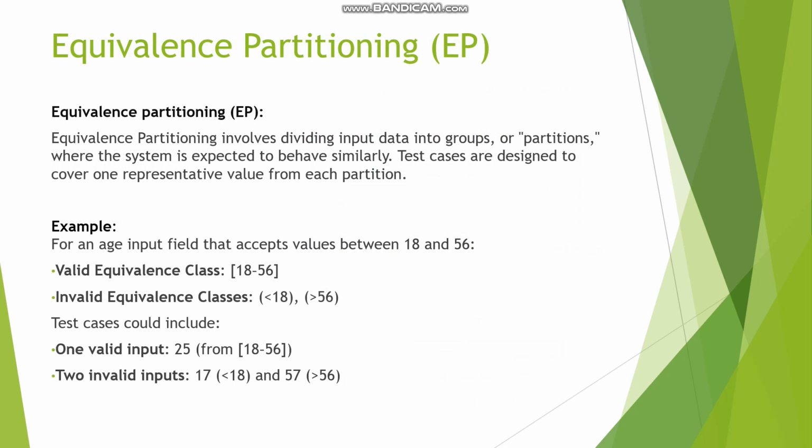For example, for an age input field that accepts value between 18 and 56, valid equivalence class is 18 to 56, invalid equivalence class is less than 18 and greater than 56. Test cases could include one valid input, that is anything between 18 and 56, and two invalid inputs. One is less than 18, another is greater than 56, like 17 and 57.